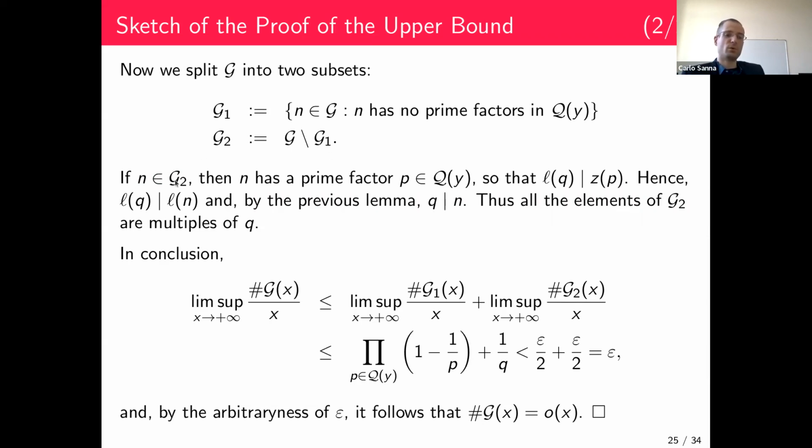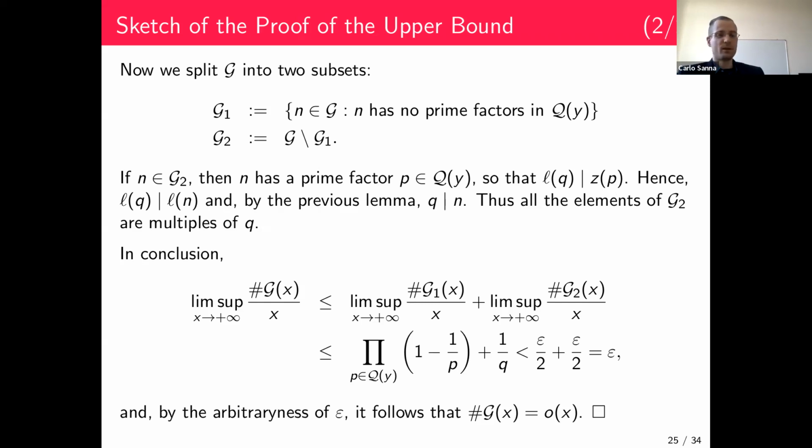If n belongs to G2, then it means that n has at least one prime factor P in big Q up to y, which in turn means that LQ divides the rank of appearance of P. But then, consequently, LQ divides Ln, because P divides n, and P divides Zn, and so Ln. Therefore, by the previous lemma, we have that Q divides n. In other words, all the elements of G2 are multiples of Q.